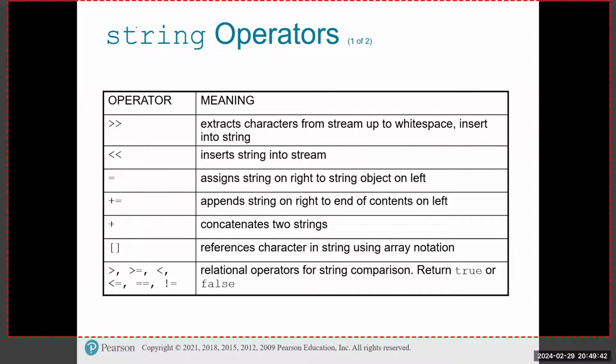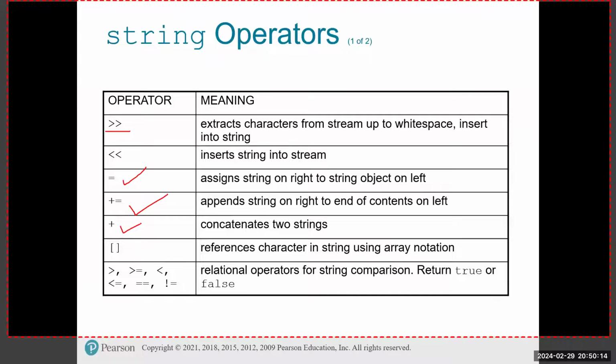So you can have the string operators. The extraction operator extracts characters from a string up to white space, and the insertion operator inserts into the string. You have the assignment operator, you have appending a string, you can do the concatenation. Plus is basically concatenation. If you do test1 plus test2, where test1 is a string and test2 is a string, it will be test1 test2. That's a concatenation. It's simple.